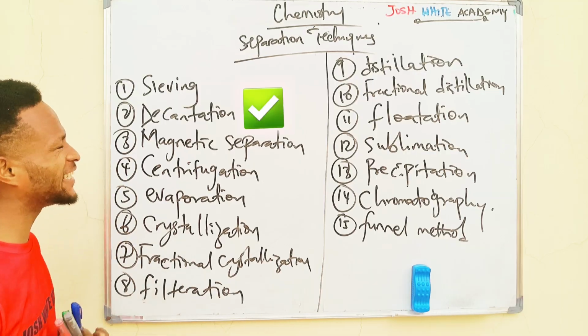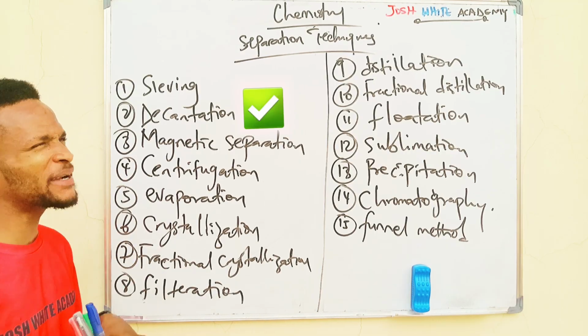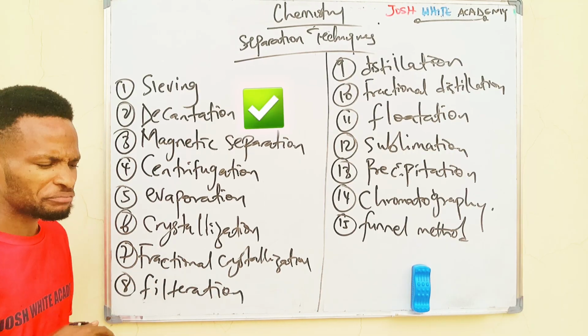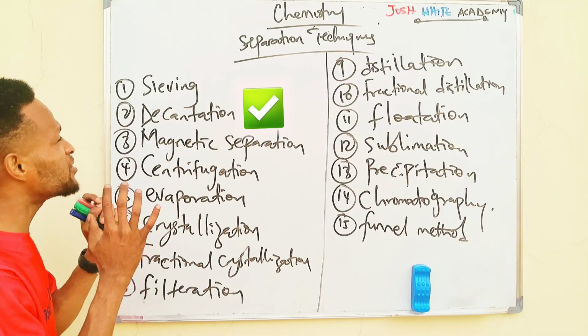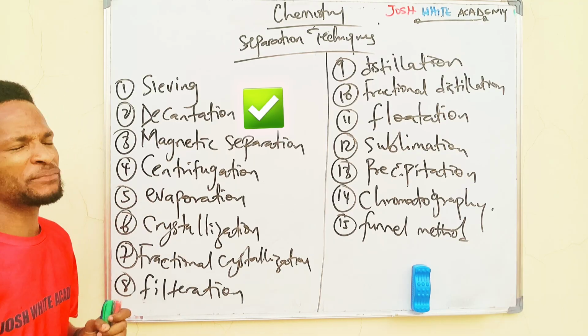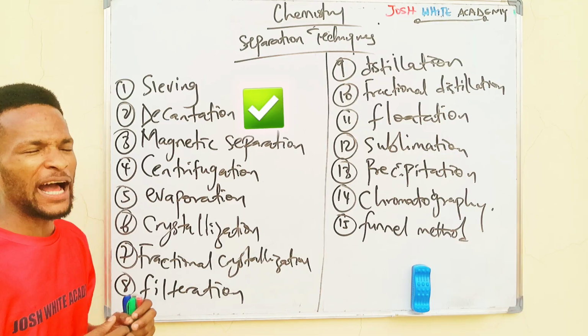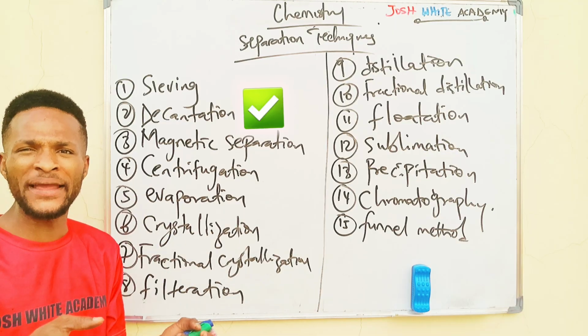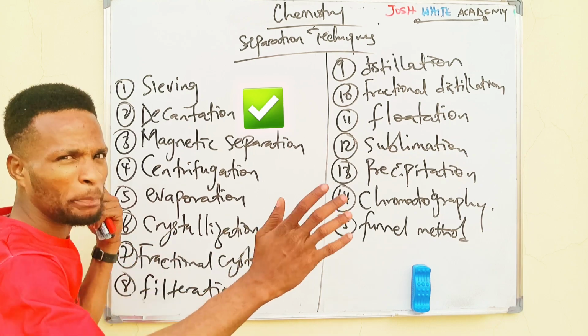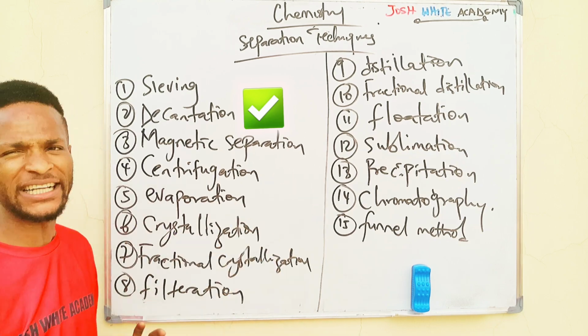Now we have decantation. Decantation is used to separate a solid that doesn't actually dissolve in a liquid, that when allowed to stand, forms two different layers and they are separated by merely pouring out the top liquid, simply known as decantation.